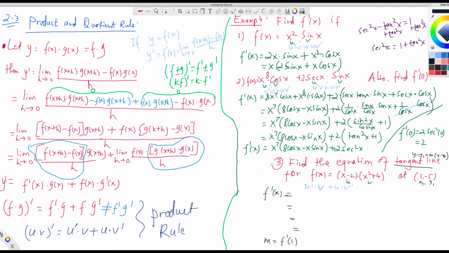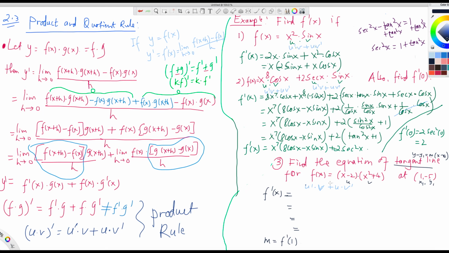So what is the product rule here? Because it is x minus 2 times x squared plus 4. Since there is no exponent outside the parenthesis, you can FOIL it and use the regular derivative formula instead of the product rule. But I like the product rule because you don't have to FOIL. So let us do that. U is x minus 2, v is x squared plus 4.